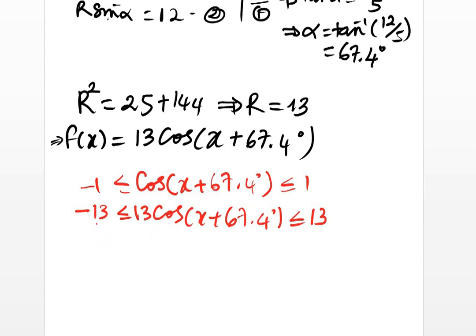Between -13 and 13, it's already telling us that the absolute value of our function f of x is less than or equal to 13. Because when you put the absolute value in inequalities, absolute value of x less than 2 means between -2 and 2.